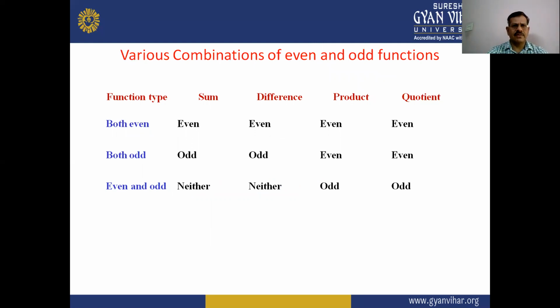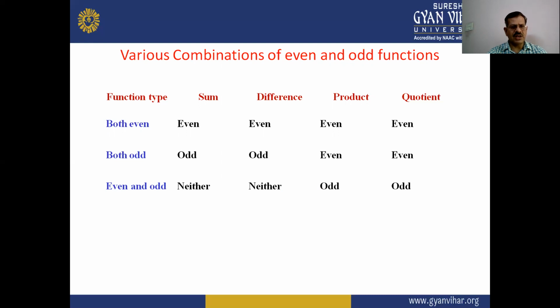Here, various combinations of even and odd functions. So there are different function types: both even, both odd, and even and odd, and sum, difference, product, and quotient. If both are even, the sum will be even, difference also even, product also even, and quotient will be even.